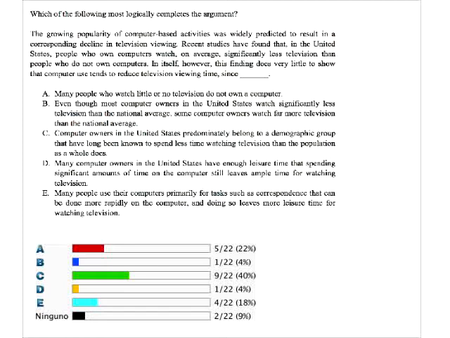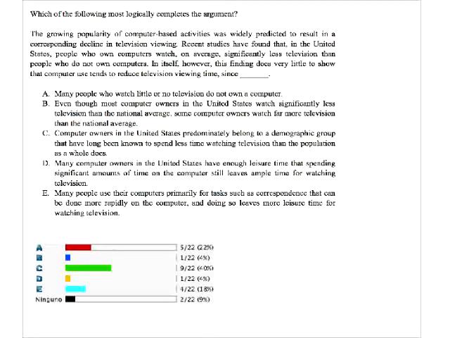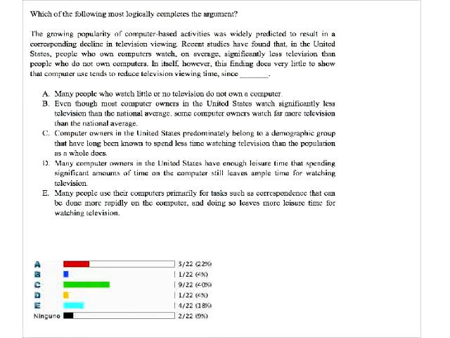The growing popularity of computer-based activities was widely predicted to result in a corresponding decline in television viewing. So this was a claim. People thought this would happen. Fact: recent studies have found as a fact that people who own computers watch significantly less television than people who do not.